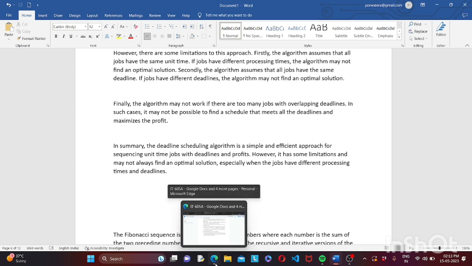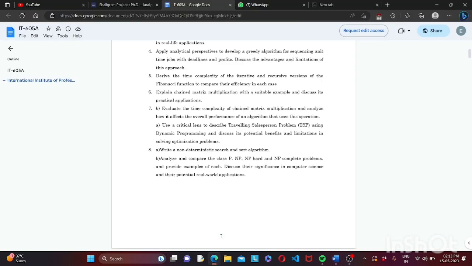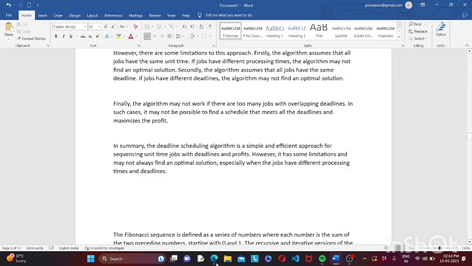Now, another question is for the Fibonacci series: derive the time complexity of the iterative and recursive versions of the Fibonacci function to compare their efficiency in each case.